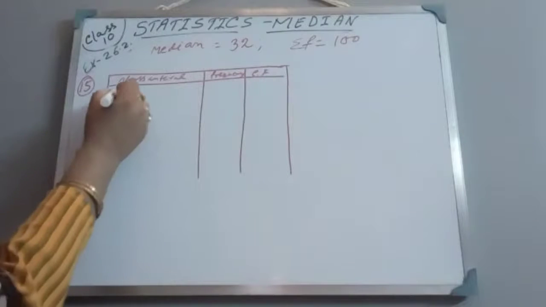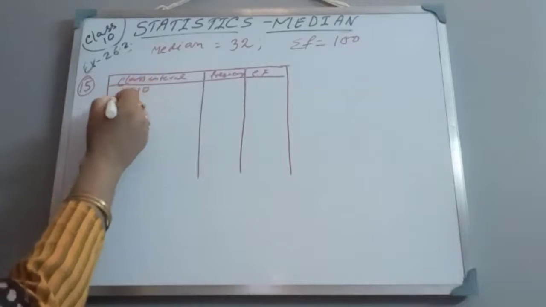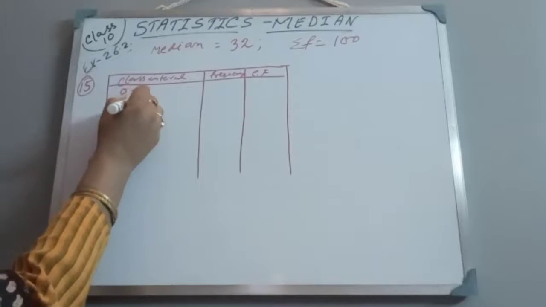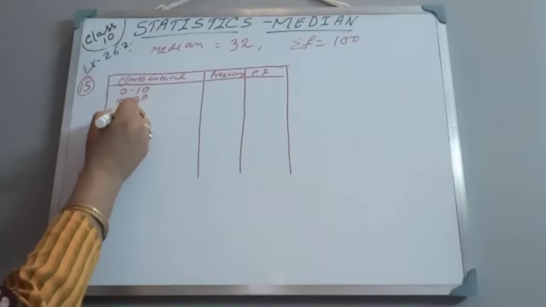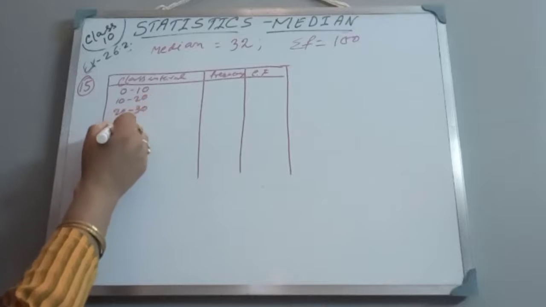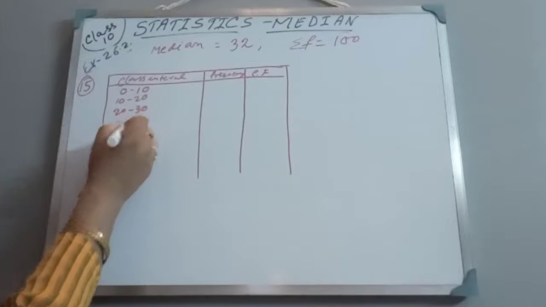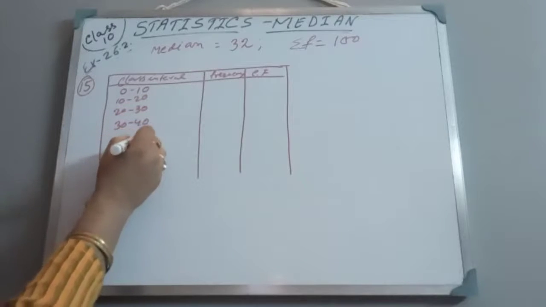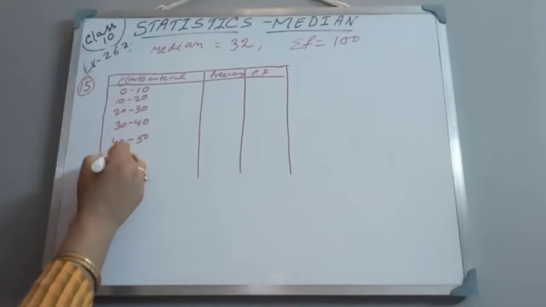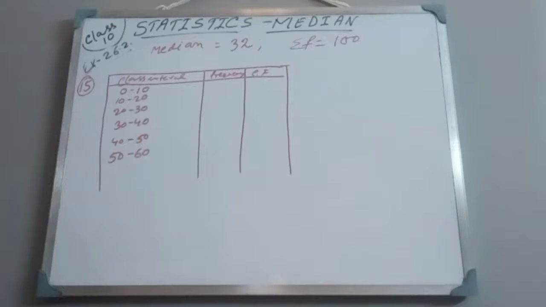What is the class interval? This is given to us: 0 to 10, next 10 to 20, next 20 to 30, next 30 to 40, next 40 to 50. This is also a very important sum. Then 50 to 60. What are the frequencies given?